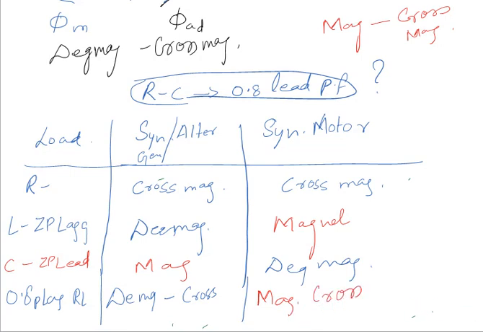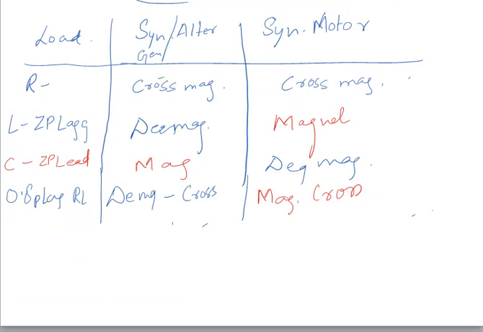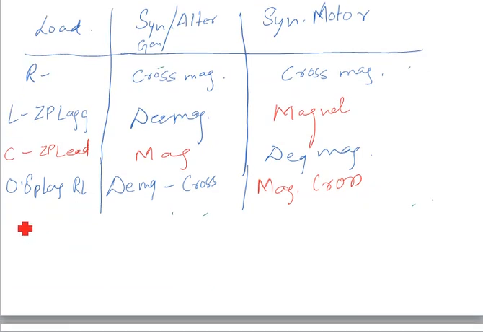And then I have given you an assignment: 0.8 power factor leading, that is RC load. Find out what this is. If you can find out, this will be asked in your exam, so I will not discuss this now.